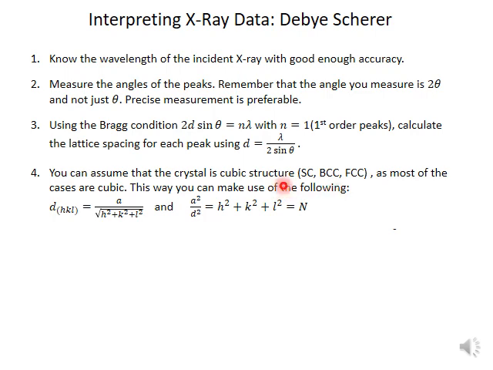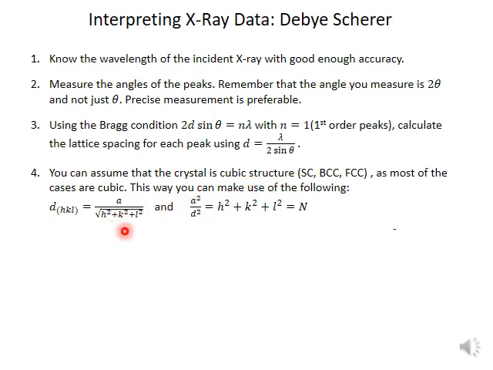So it's a good guess to start with that the unknown crystal structure is a cubic system. If the steps shown here don't give you a reasonable result, then you can start looking for other crystal systems, non-cubic, like hexagonal. But you start with the assumption that you have a cubic system.